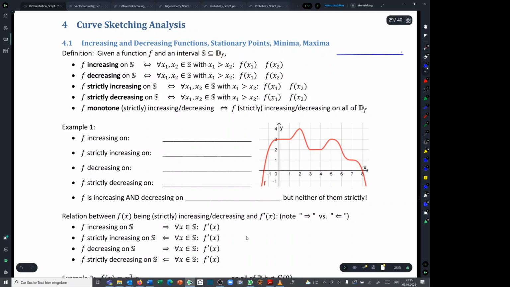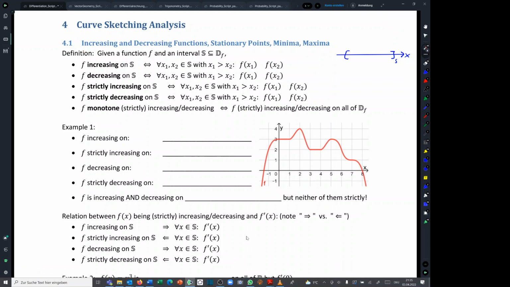So we have here the x-axis, and then on the x-axis somewhere we have our interval s. All the x values within this interval, that's meant by that. And now we say the function f is increasing in that interval for these x values.